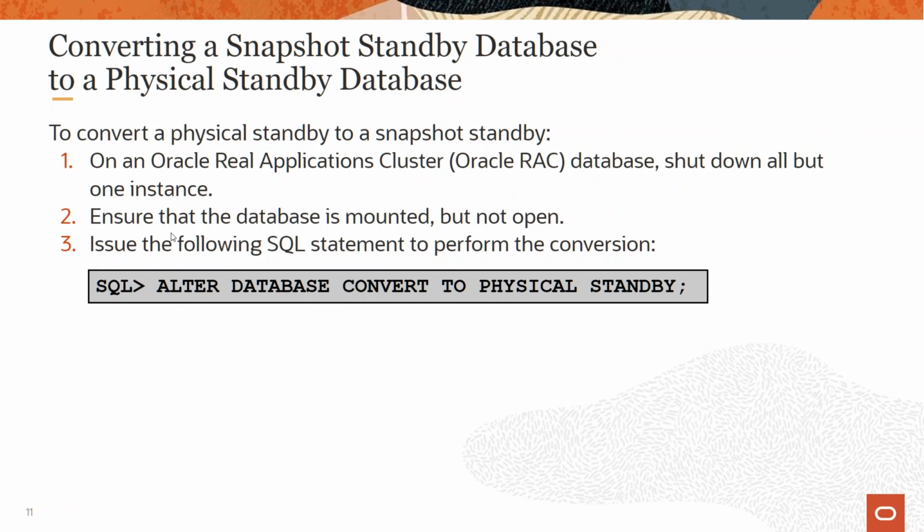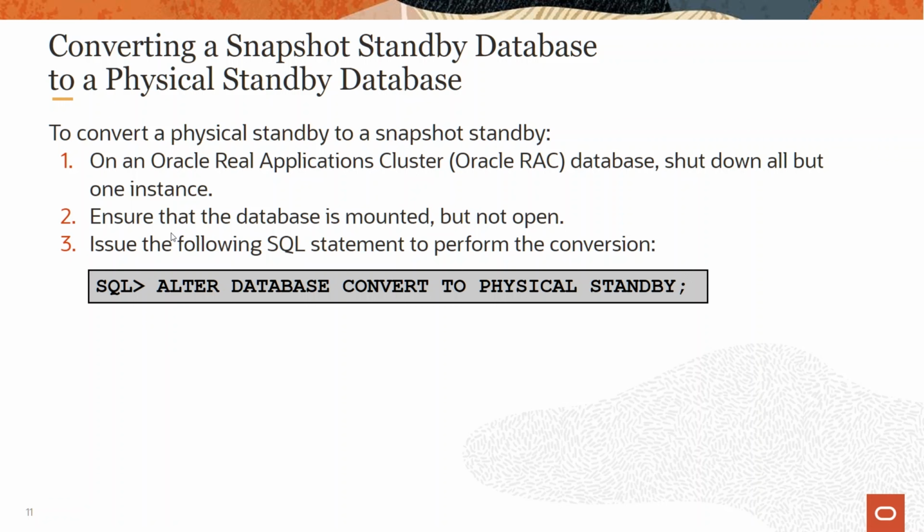The purpose is, when you convert it back to a physical standby database, flashback database technology is used to clean up all the changes made during the snapshot standby database period. And then we can apply the newly received redo coming from the primary database, eventually resynchronizing the snapshot standby database as a physical standby database.